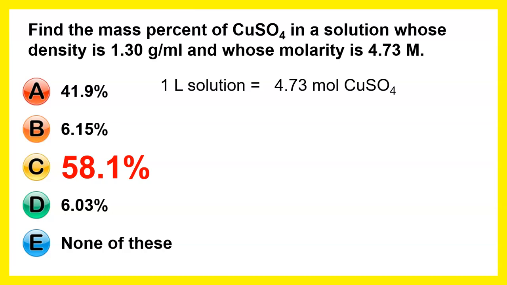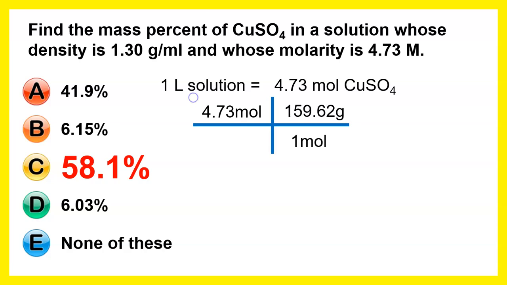And if I know how many moles there are, I can do a molar conversion to get to grams using molar mass. 1 mole of copper sulfate weighs 159 grams. So in a 1 liter jug, I know that 755 grams of it will be copper sulfate. That's my solute. I just figured out the top number, didn't I, for my mass percent.